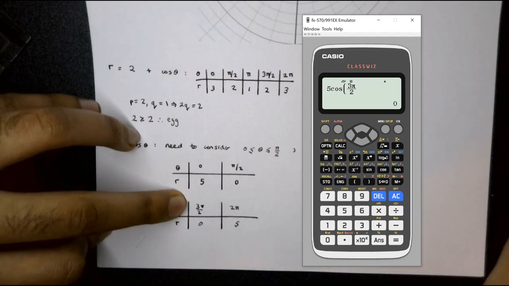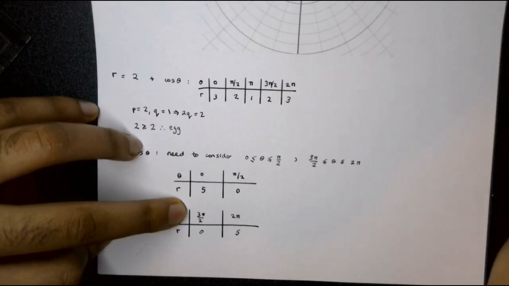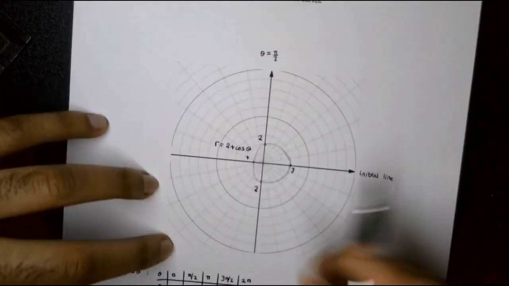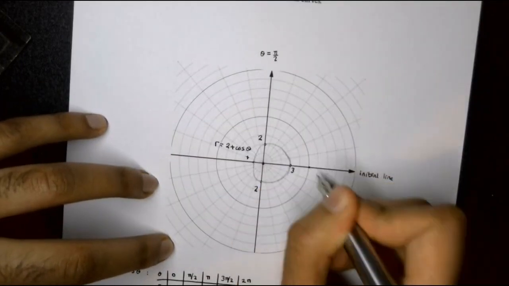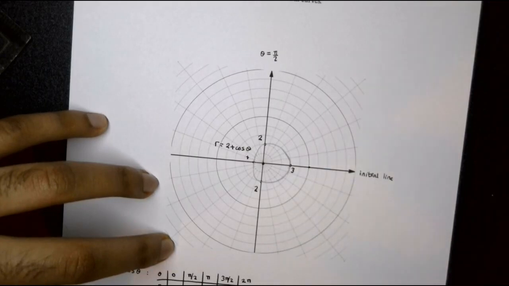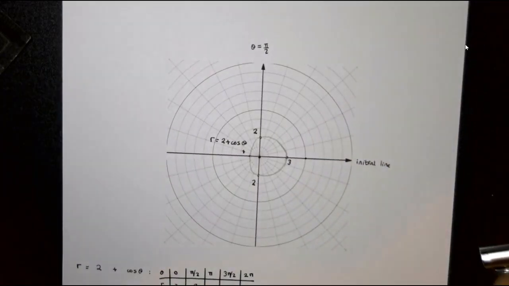So in terms of what this will look like, we've got a value here at 0. We've also got another value here as well. So let's plot these.